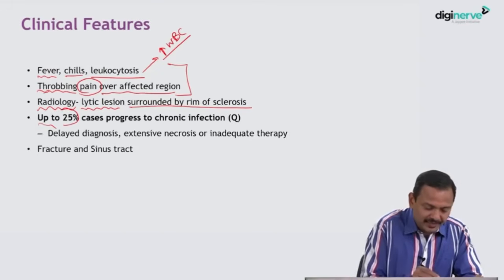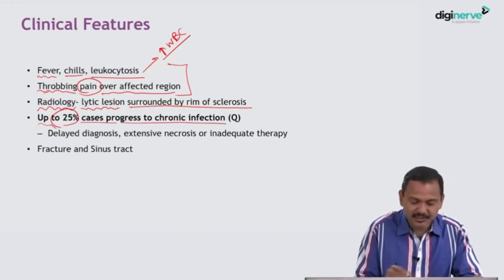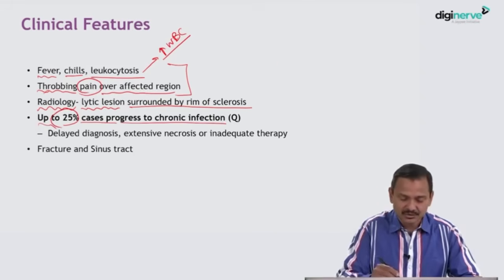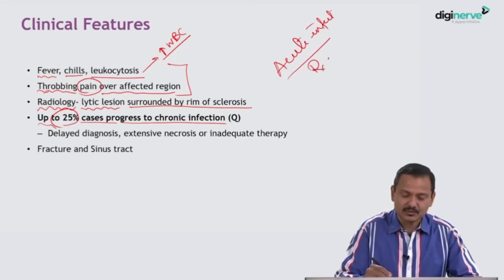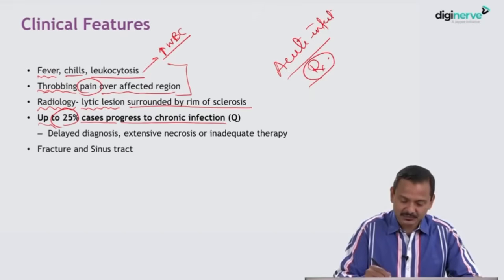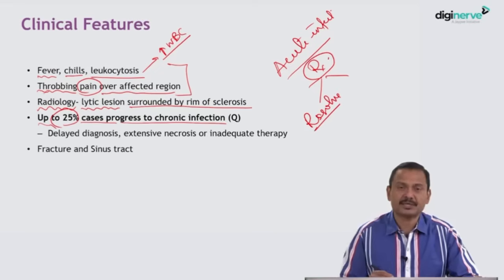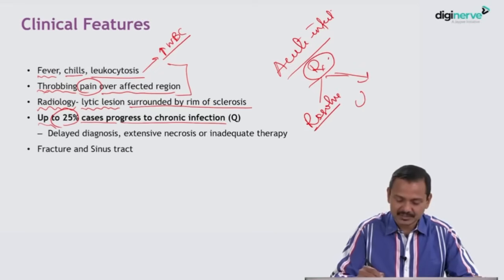Up to 25% of cases can progress to chronic infection. So if there is an acute infection, we know it has to be treated. Once it is appropriately treated, it will resolve. But if it is not appropriately treated, then it may progress to chronic inflammation.